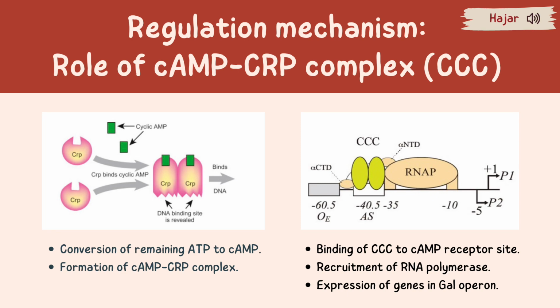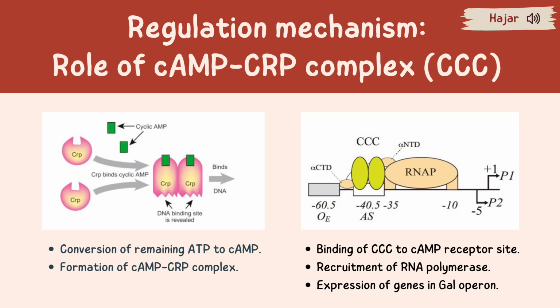A high level of cAMP will allow it to bind to the cAMP receptor protein, CRP, forming the cAMP-CRP complex. The CRP binding to cAMP will cause a conformational change that makes it capable of binding to a specific DNA sequence in the promoter region of the gal operon. The binding site is called the cAMP receptor site, which is located upstream of the gal operon promoter.